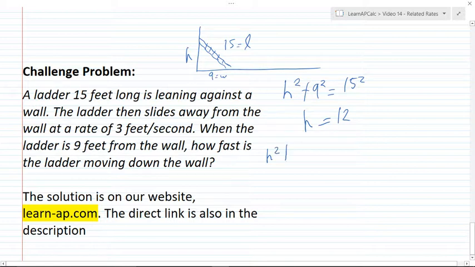So if I write out my formula and then take my derivative, again, this is all implicit differentiation.